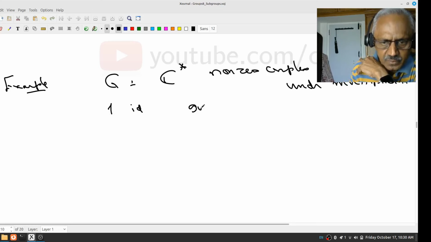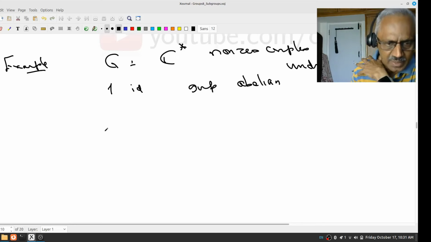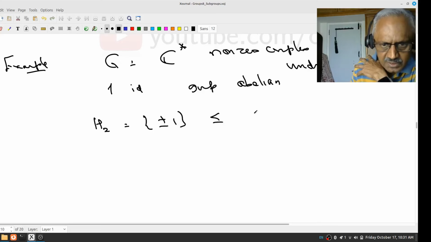It's an abelian group. Now, let us look at the simplest one. Here also, if I take H2 equal to plus or minus 1, this is a subgroup of C star, exactly as we saw earlier.